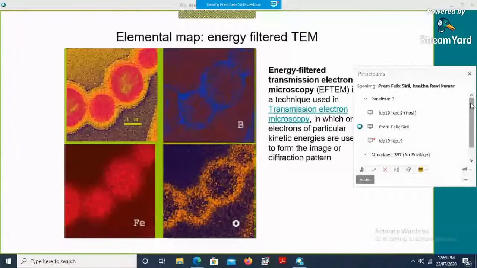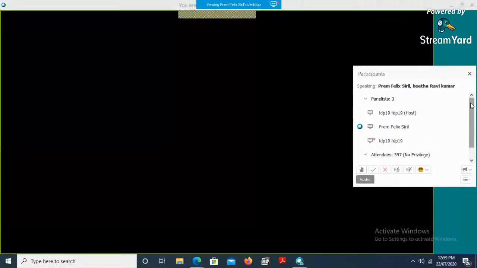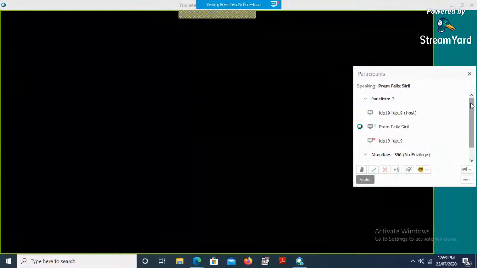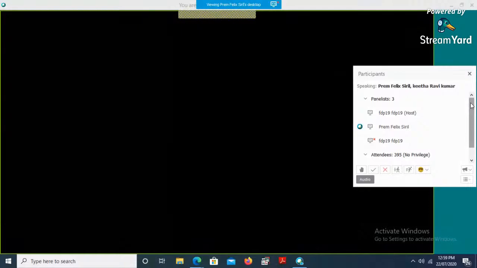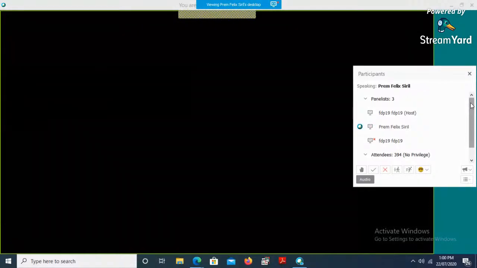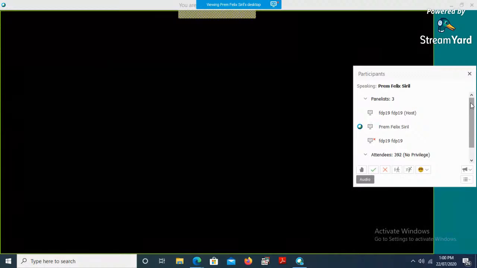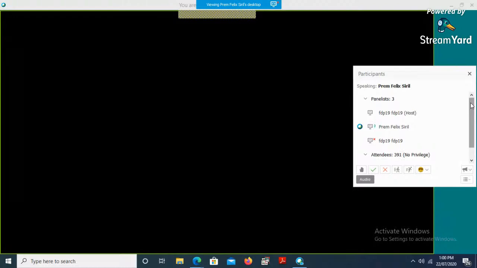With this, I would like to conclude that both these electron microscopic techniques with allied analytical techniques are powerful tools for characterization of material samples. They let you study the structure of the material, its composition, and its crystal structure. All these are very important aspects for the development of the material for various applications.